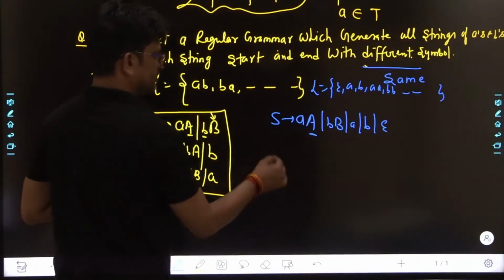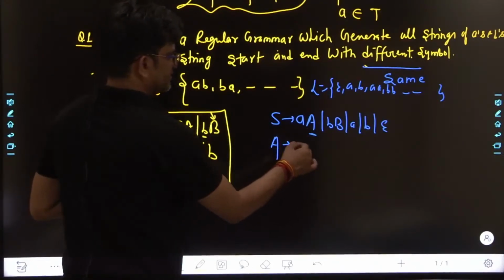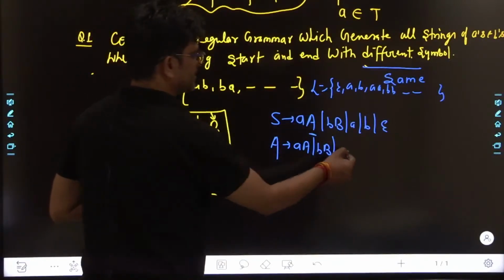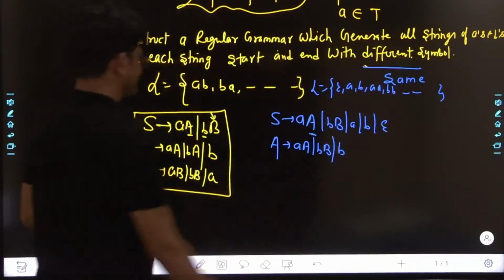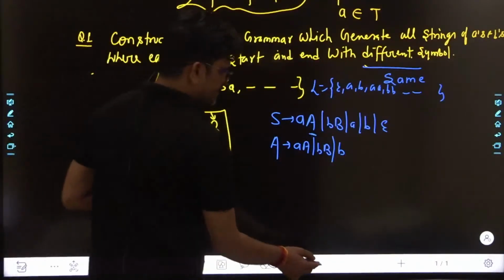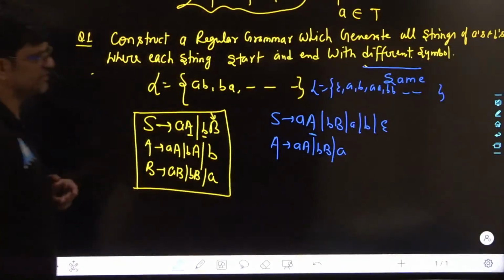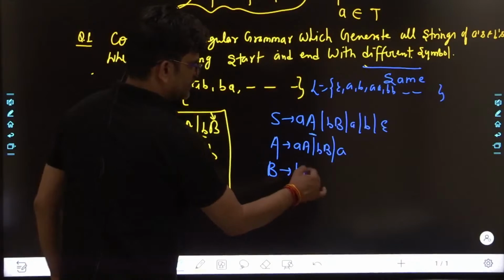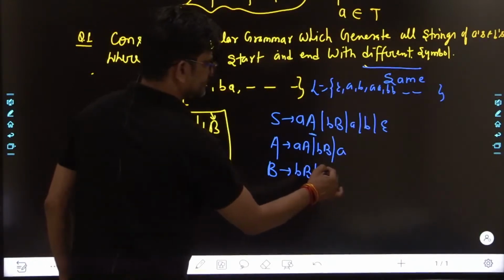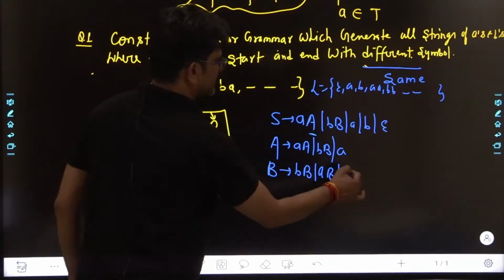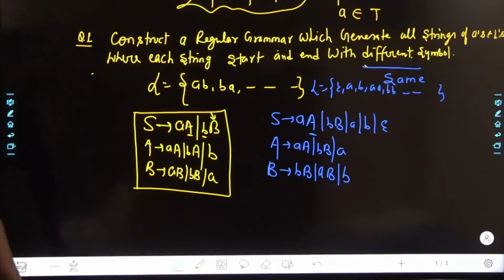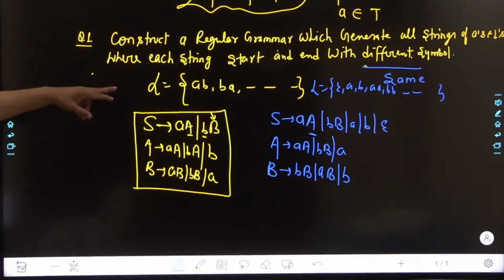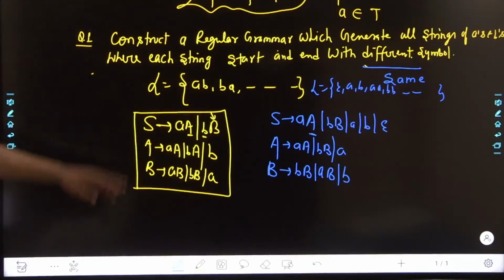A determines any number of A's, any number of B's, and whenever A is terminated, it is terminated by small a, because we want to start and end with the same symbol. What about capital B? It always terminates by B. So this is the grammar that generates all the strings starting and ending with the same symbol.